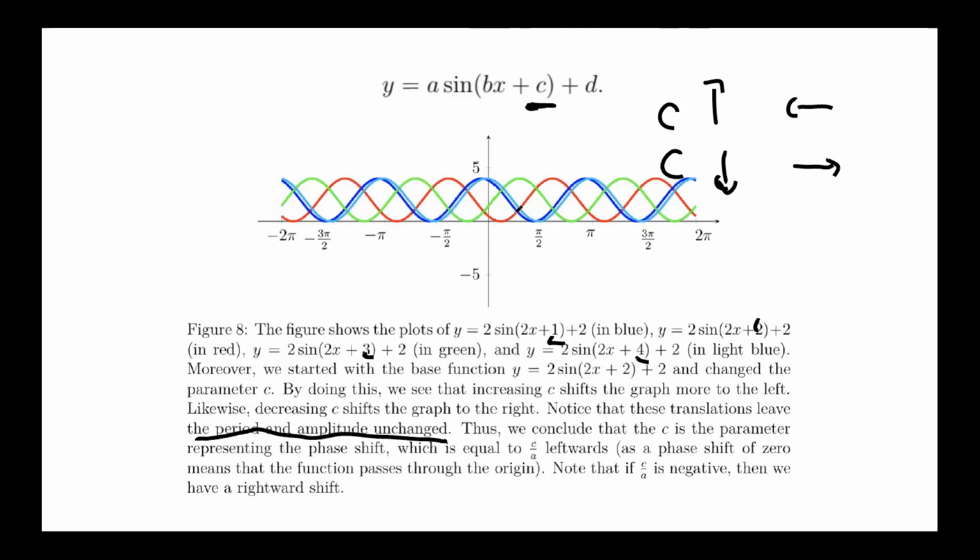So the only thing C changes is the phase shift, or how shifted the graph will be. And the phase shift will be C over A leftwards. And if it's negative, that means it will be going in the right direction instead.